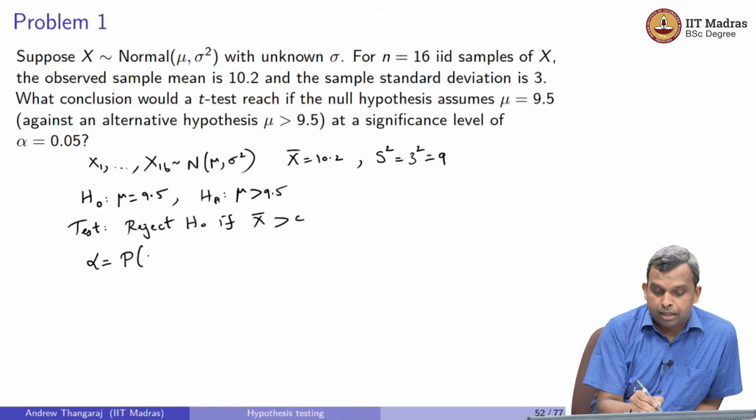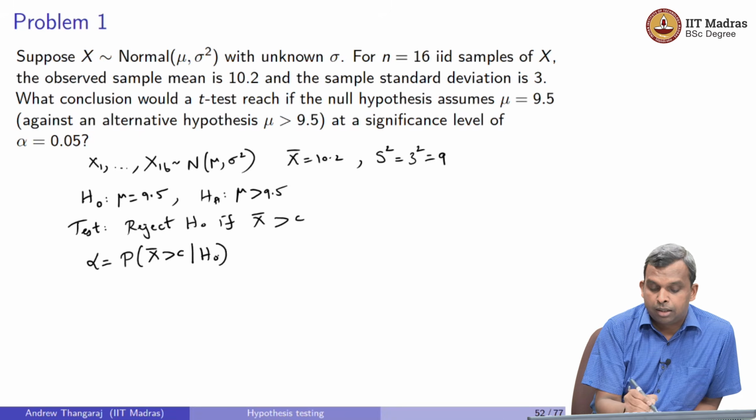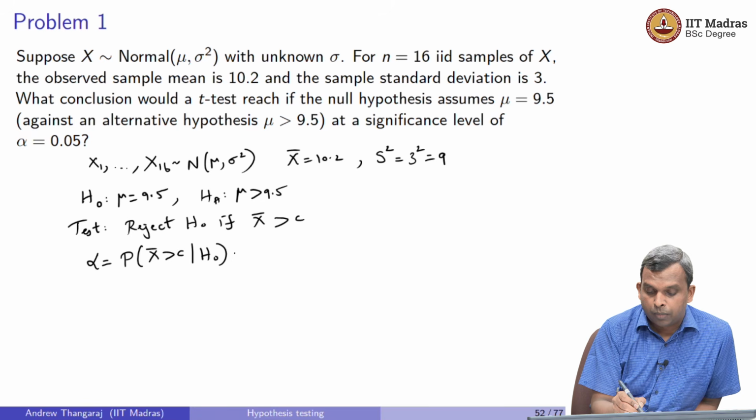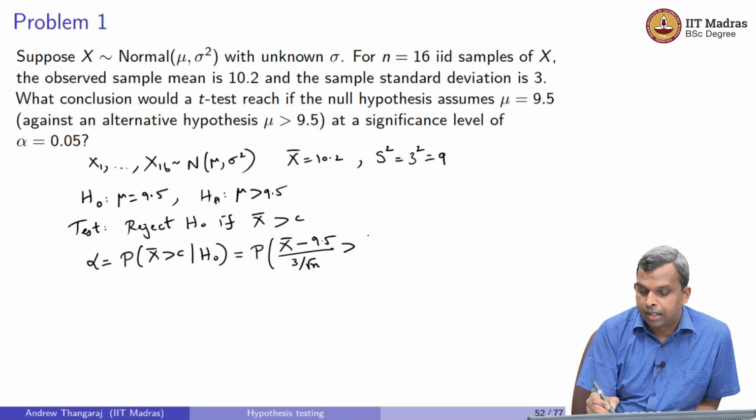It's the probability that x bar is greater than c given h naught, and this is going to be the same as the probability that x bar minus 9.5 divided by 3 by root n, the sample standard deviation, is greater than c minus 9.5 by 3 by root n.